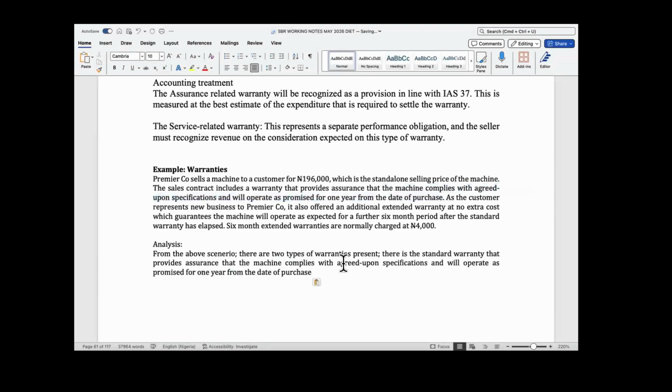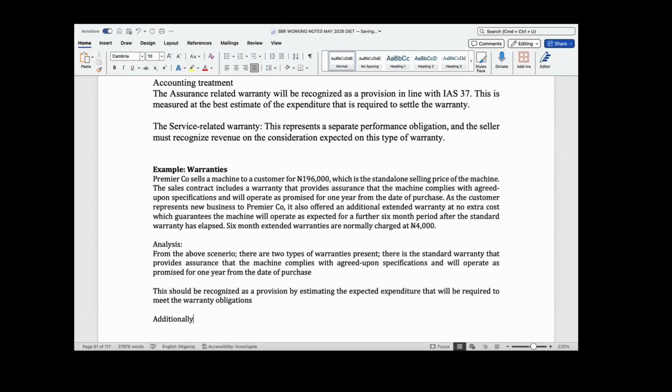So this should be recognized as a provision by estimating the expected expenditure that will be required to meet the guarantee obligations.